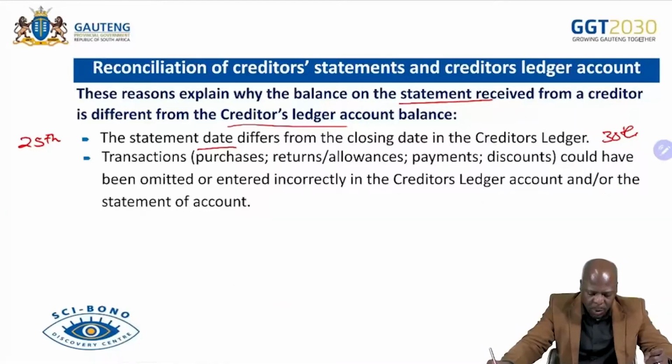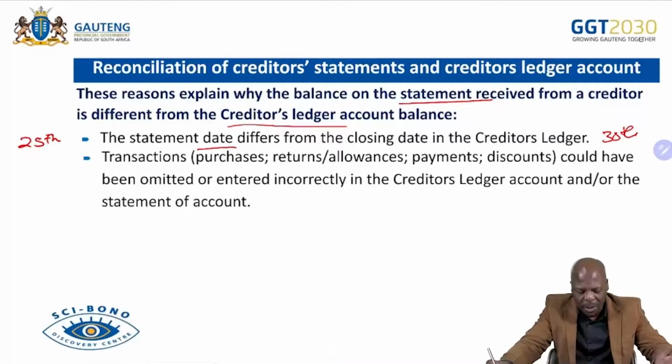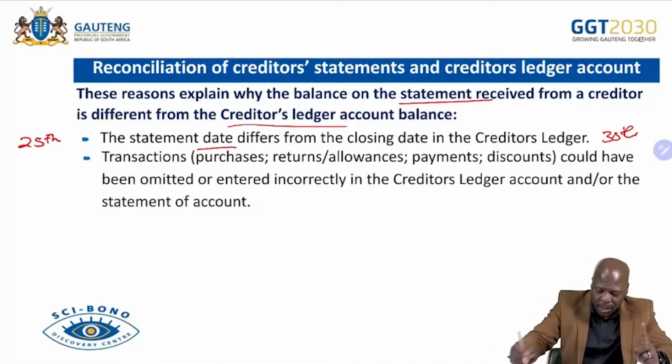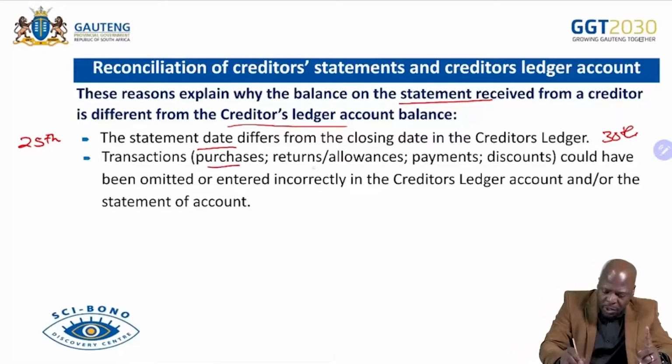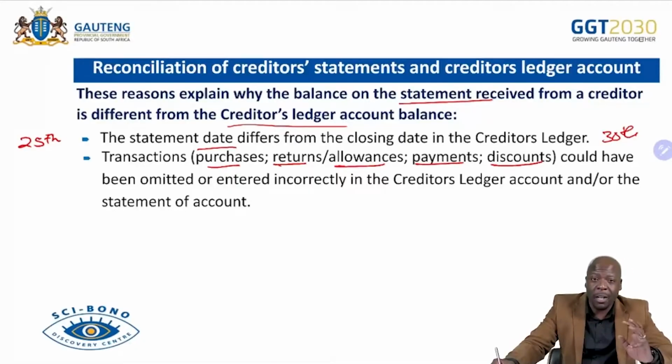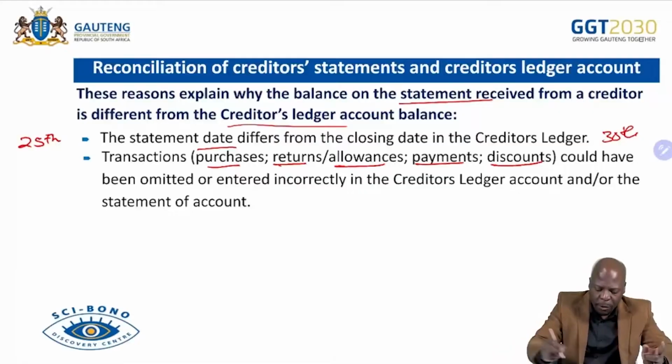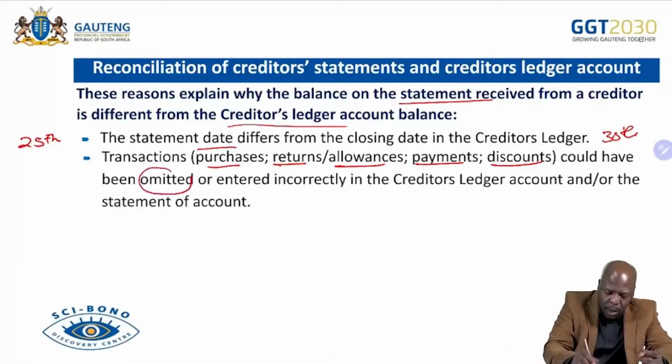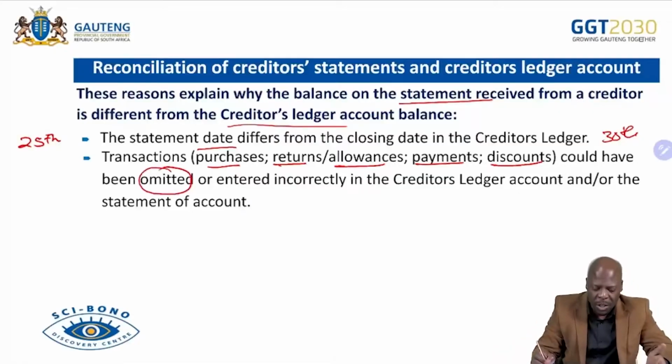All right. The next one is when transactions such as your purchases, your returns, your allowances, your payments, and your discounts. It is important that you understand these ones. These are the aspects we're going to spend much time on today. These transactions could have been omitted or entered incorrectly. So you have to remember we are going to have aspects which are omitted. We're dealing with omissions.